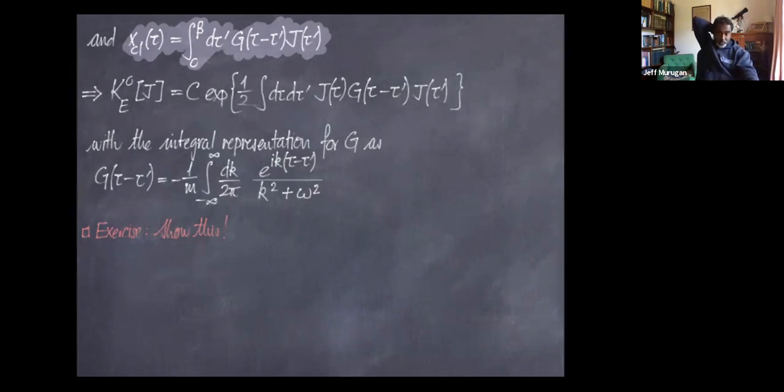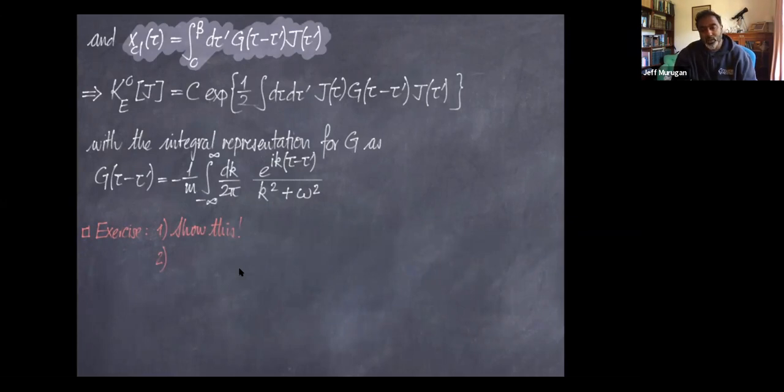Take the beta to infinity limit and do a Fourier transform, and then solve and then do an inverse Fourier transform. And that'll give you this expression for G of tau tau prime. In fact, you know what? Let me do two things. Exercise 1 is to show this. And exercise 2 is to actually carry out the integral.